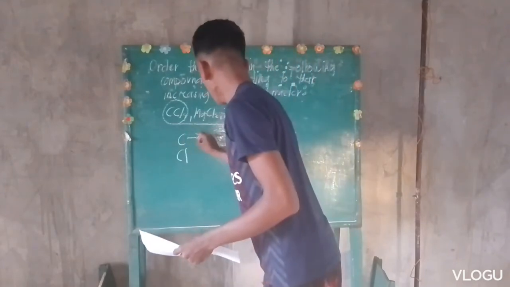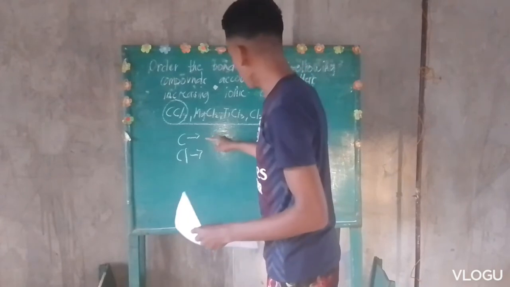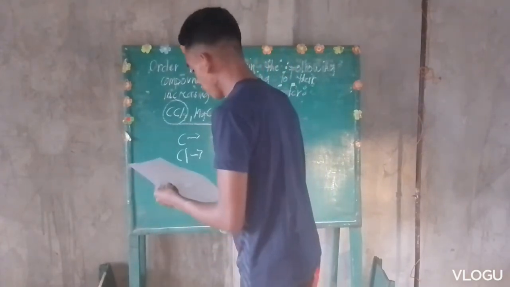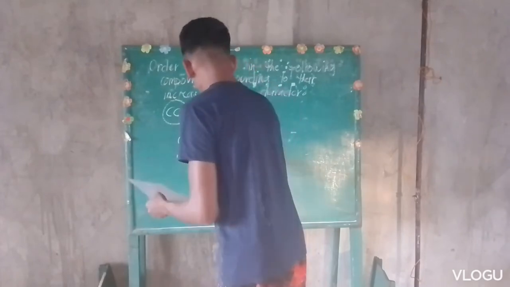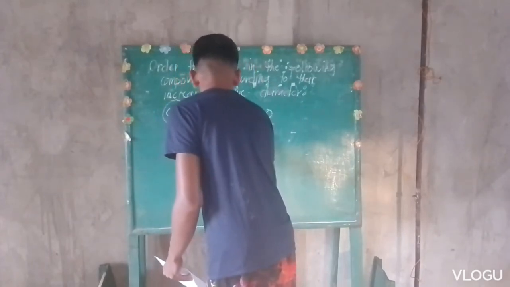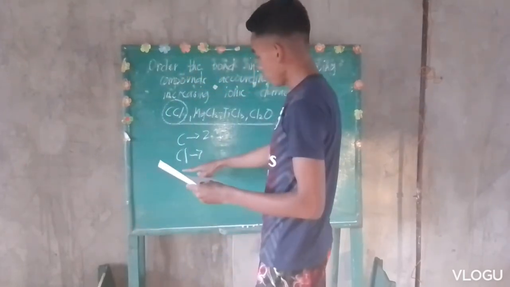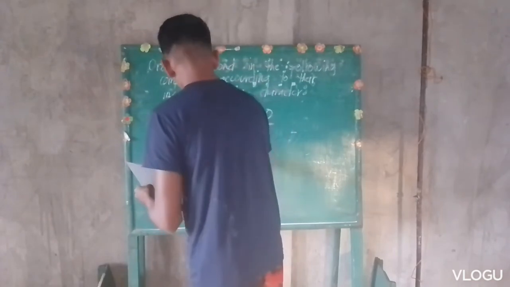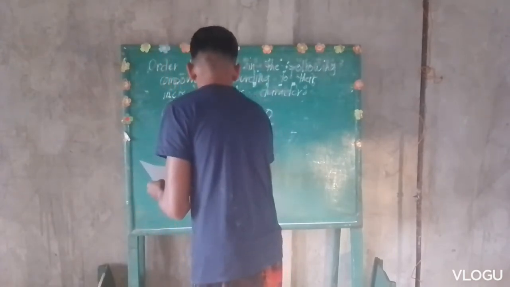So it's easy. We will just put their electronegativity. So the electronegativity of carbon is 2.55, and the electronegativity of chlorine is 3.16.